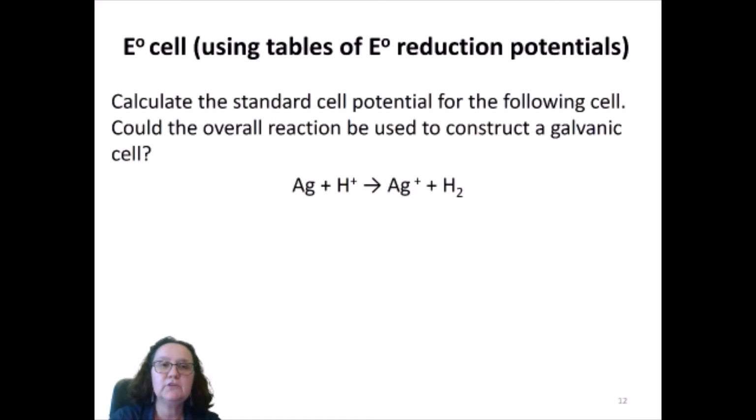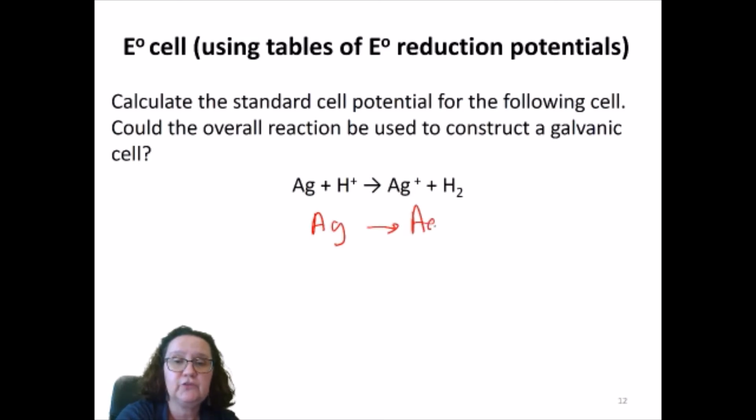So how would I go about answering this exercise? How would I be able to predict whether this particular redox pair could be used to construct a galvanic cell? Well, first I need to identify the oxidation and the reduction process. On one hand, I've got the silver that produces silver ions and liberates one electron.